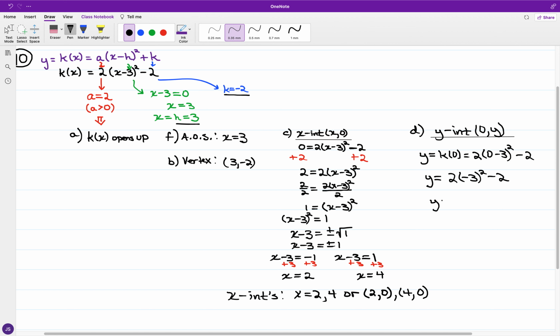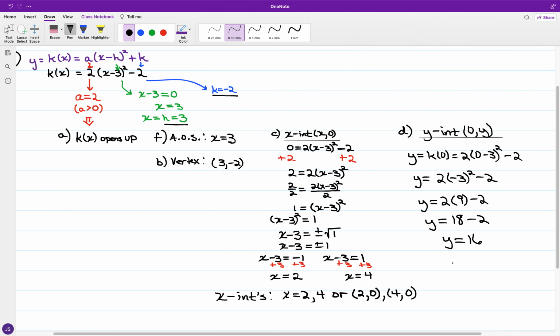And in following through, we got 2 times, now the square of a negative is going to be a positive. So the square of negative 3, you have negative 3 times itself, so this will be a positive 9, and we have 2 times 9 is 18. Take away 2, and we have the y value end up at 16.